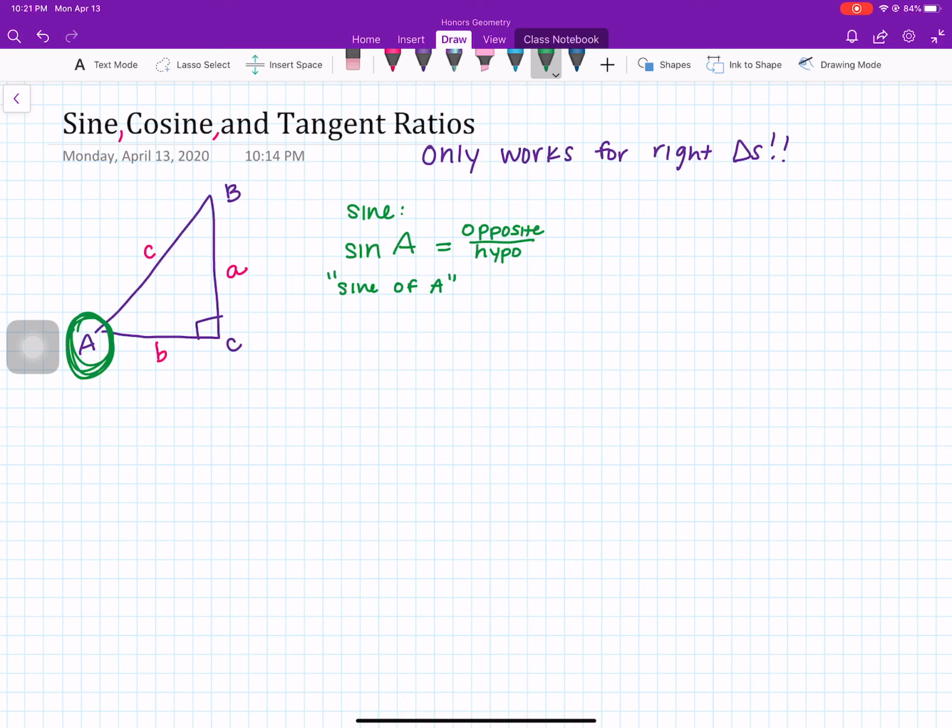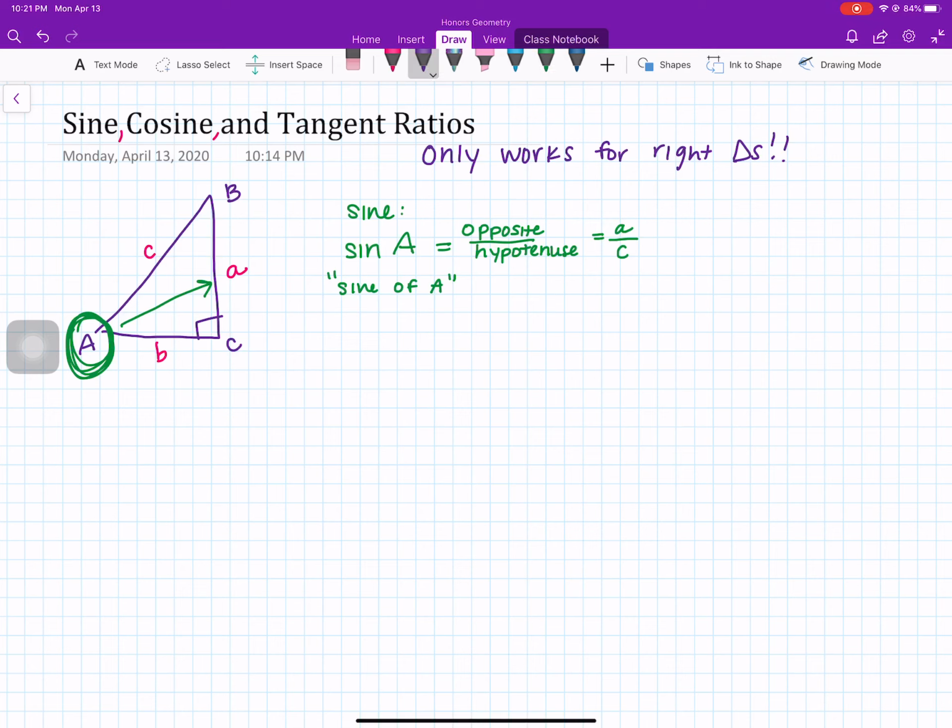And remember, the hypotenuse is the longest side. So the opposite side of A is A. The hypotenuse is C. So you would make the fraction A over C.